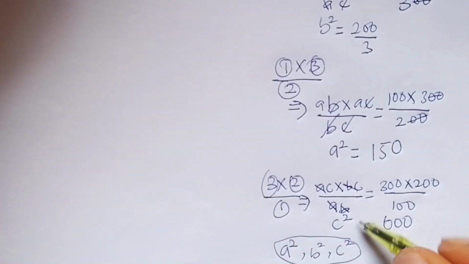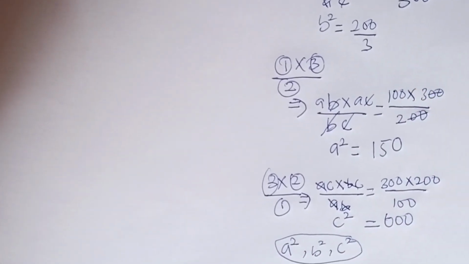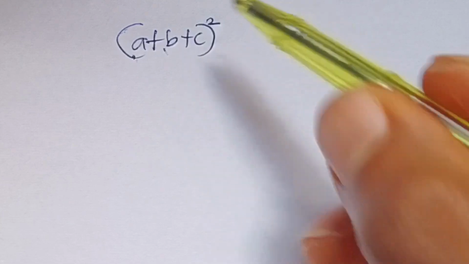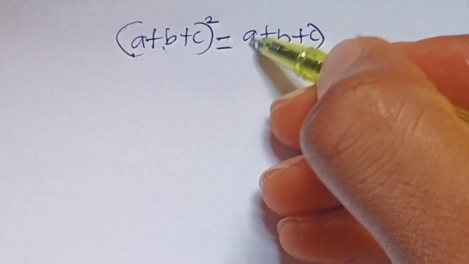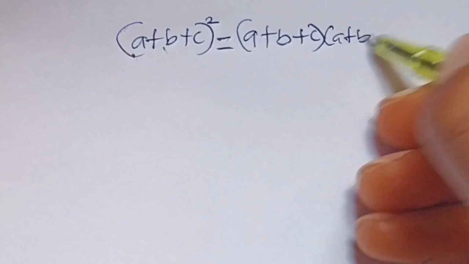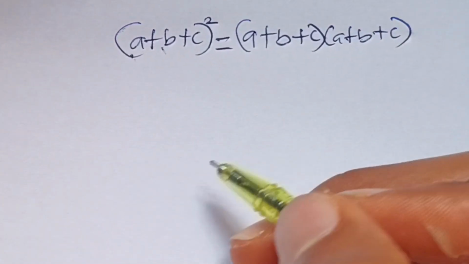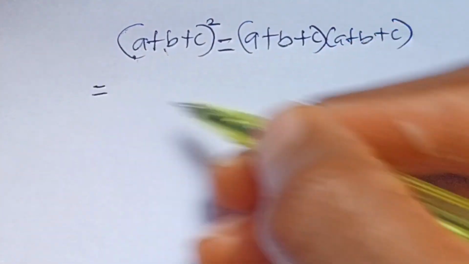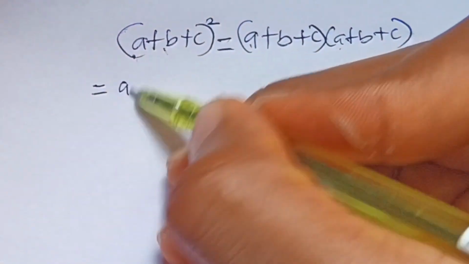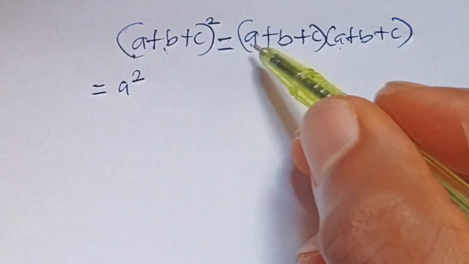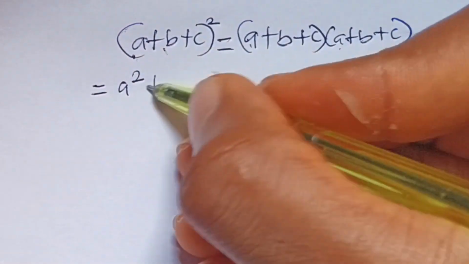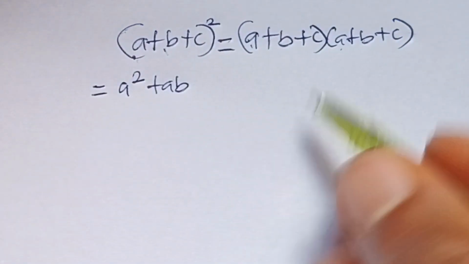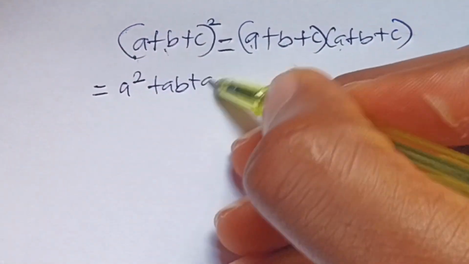But remember that we are required to find A plus B plus C. A plus B plus C all squared is equal to A plus B plus C multiplied by A plus B plus C. This implies A times A is A squared, A times B is AB, A times C is AC.